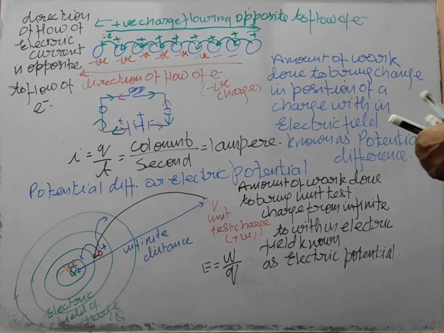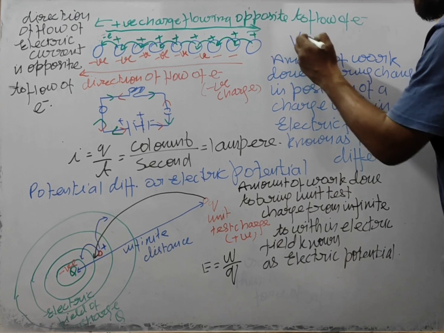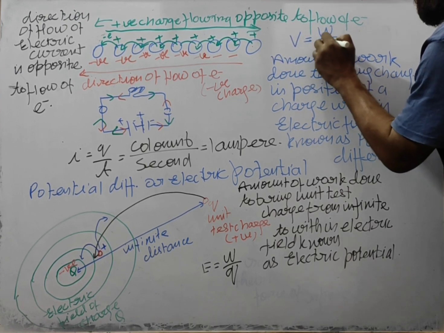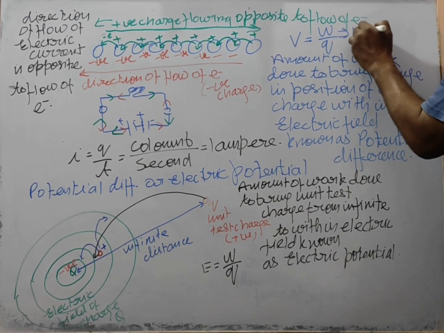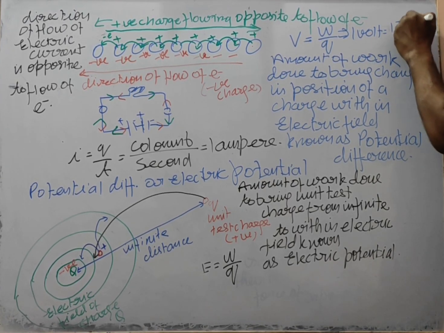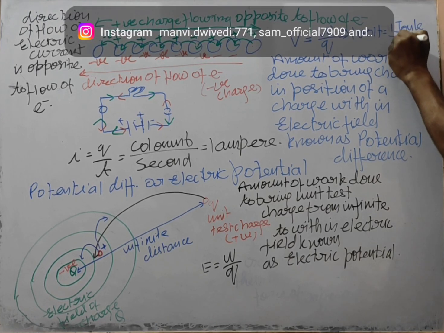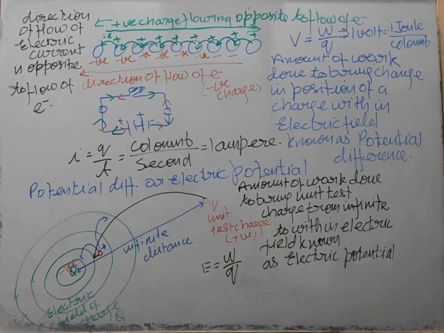So V is equal to the electric potential difference, V is equal to W upon Q, right? That is, 1 volt is equal to 1 joule per coulomb. Got it? So 1 volt is equal to 1 joule per coulomb, right?